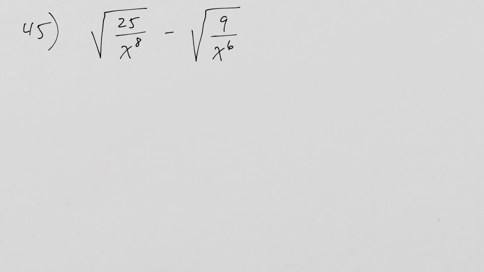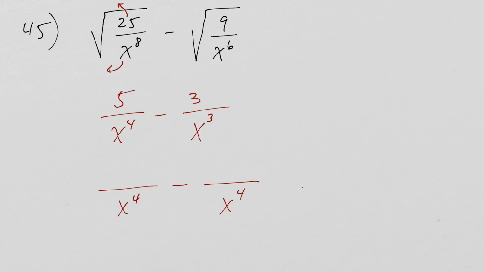Okay, so I'll take out this 25, and that's a 5. I'll take out the x to the 8, and that's an x to the 4, minus, I'll take out the 9, and that's a 3, and I'll take out the x to the 6, and that's an x to the 3. So the common denominator is not x to the 12th, it's x to the 4.